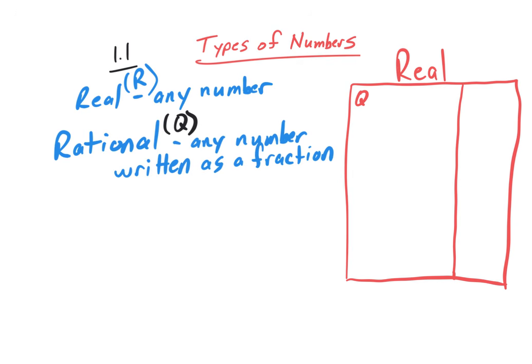But then we have irrational. Irrational, we use an I. Since it starts with the letter I, we'll use I for irrational.